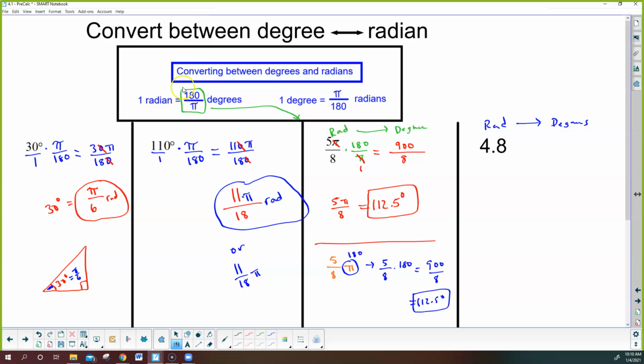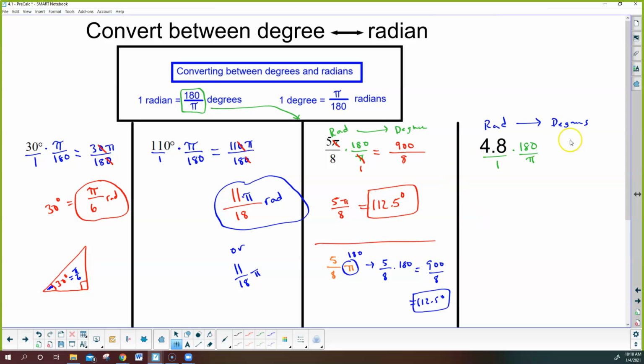So that's where we have to rely on the conversion, and that's why, if you just want to practice these conversions, that will work every single time. So how do I take radians and turn them into degrees? We multiply by 180 over pi. But technically this is 4.8 over 1.